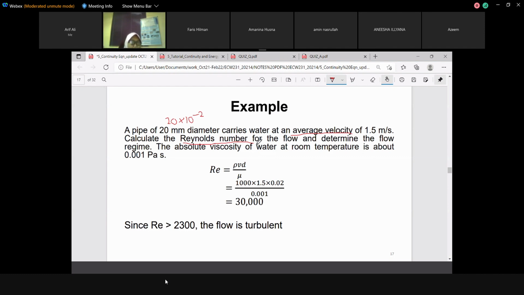Just substitute the values into the formula and you get a Reynolds number of 30,000. So we need to make the conclusion. Since it is higher than 2,300, it is turbulent. This one has marks: 1, 2.